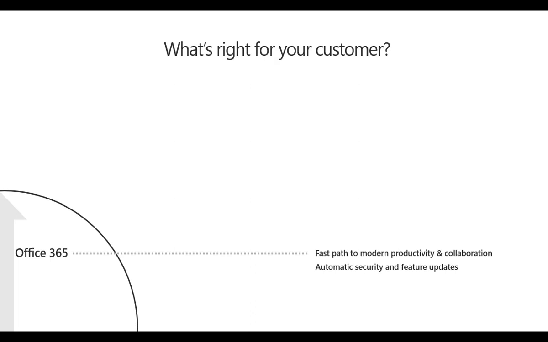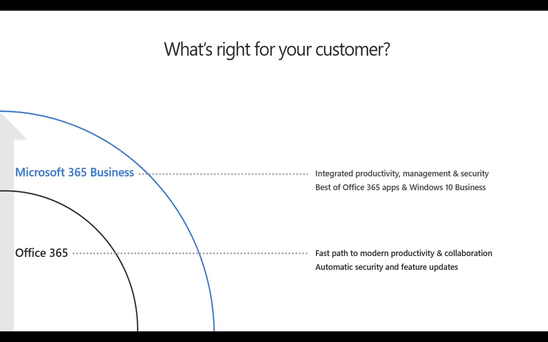So we start off with the traditional Office 365. That's going to give customers the ability to collaborate in Teams and to move their emails into the cloud. And then we can add Microsoft 365 for Business. Now, this really works well for the SMB style customer, and builds on the productivity that we've got through Office 365.